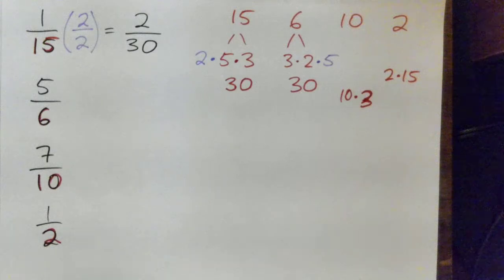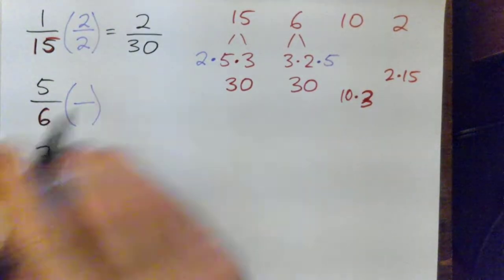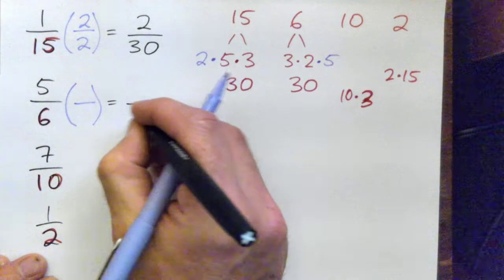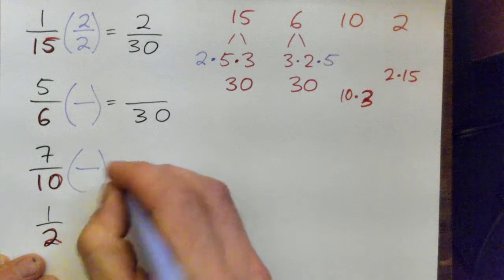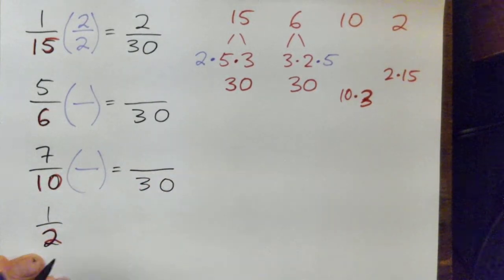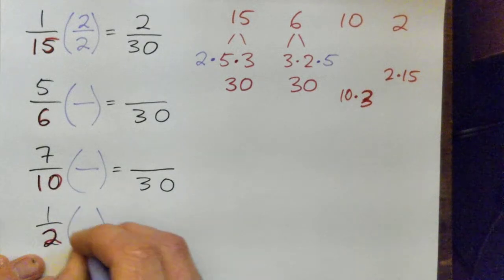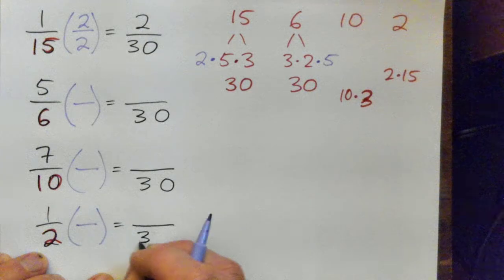And so we do this down the line for each one. We want to turn all the fractions into equivalent fractions with a denominator of 30, because that's how we can easily compare them and figure out which is more and which is less.